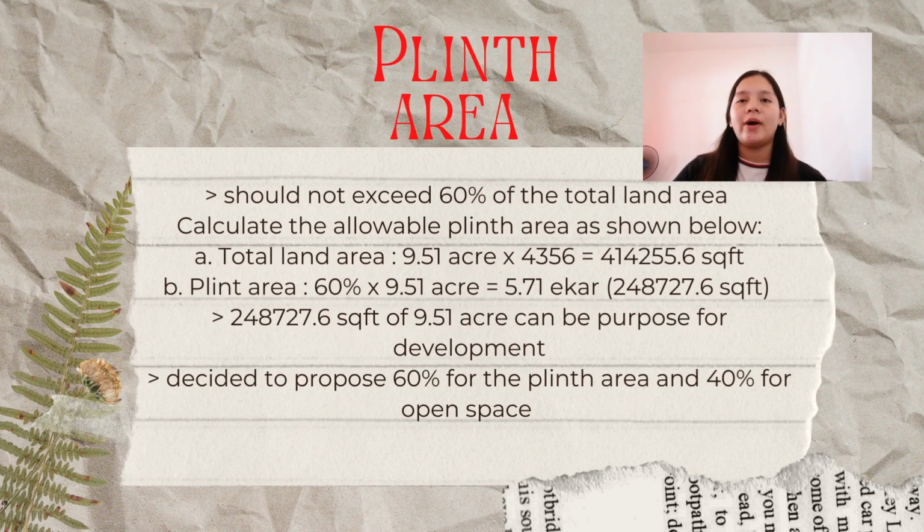According to the guidelines and standards in the Selangor Planning Manual, the planned area for the proposed project should not exceed 60% of the total land area. Here we can see how we calculate the allowable planned area. First of all is the total land area, 9.51 acres.